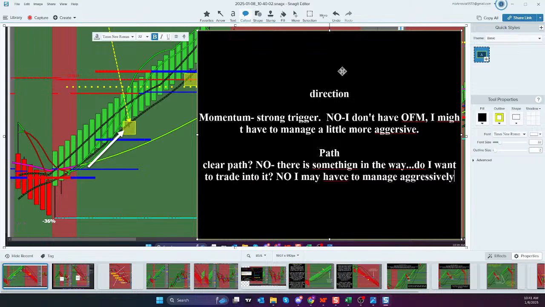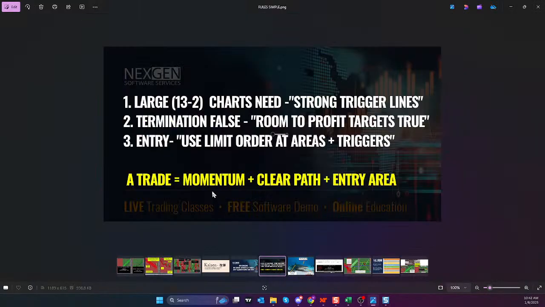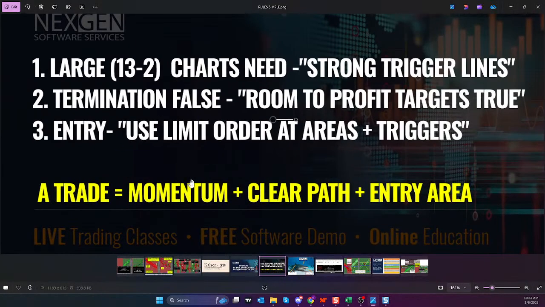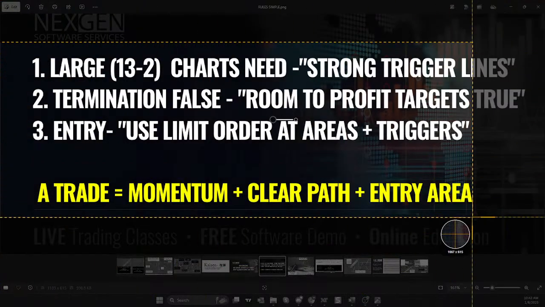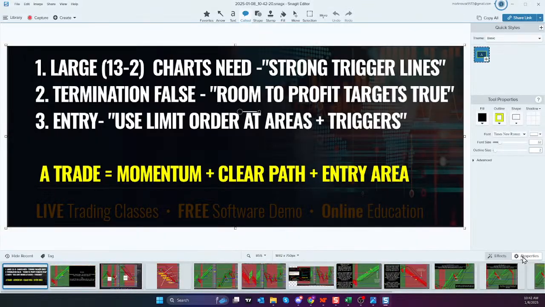And what happens is you'll put yourself in a position where every time you look for a trade, you're literally going to talk through momentum and clear path. And if they're both present, you're going to say to yourself, hell yeah, I'm taking this trade and it's probably going to be easy. But once these start to go away, you say, all right, I may have to manage a little more aggressively, or I'm not willing to sacrifice that many advantages and take a trade.